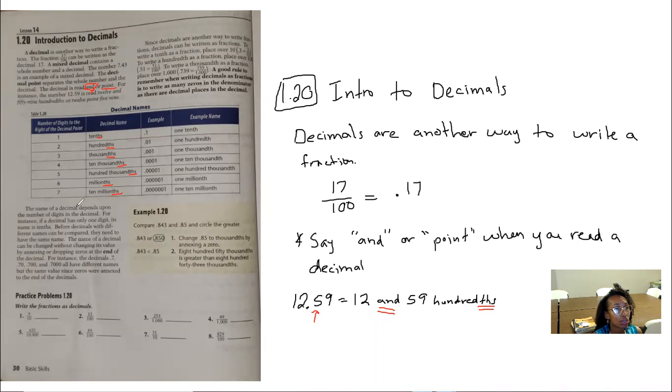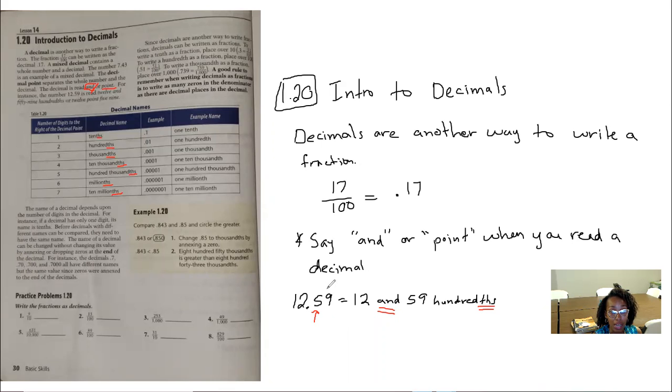All right, so down here, they want you to notice that the name of the decimal depends on the number of digits in the decimal. So it really has nothing to do with the actual number itself. Like here we had 59. The number 59 didn't change.